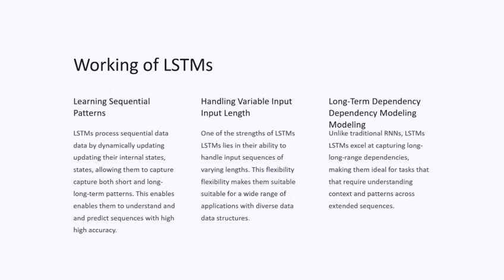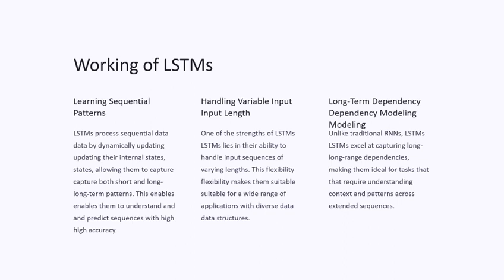Working of LSTMs. First is learning sequential patterns. LSTMs process sequential data by dynamically updating their internal states. This allows them to capture both short and long term patterns. This enables them to understand and predict sequences with high accuracy, handling various input lengths.